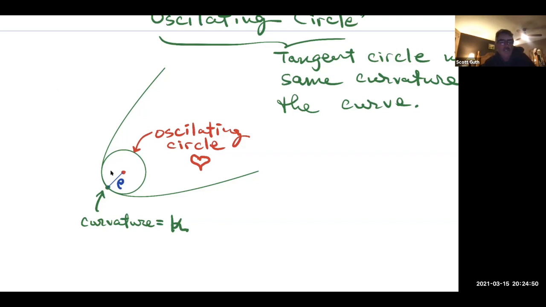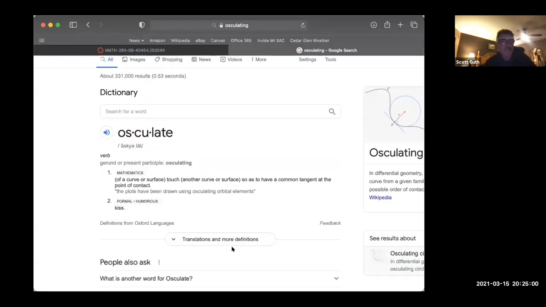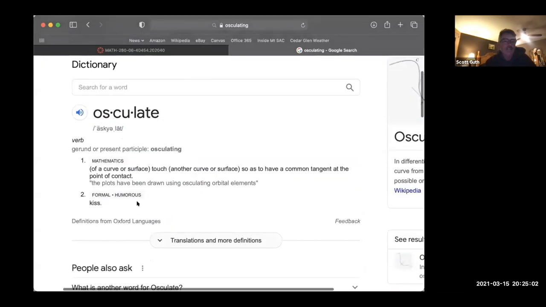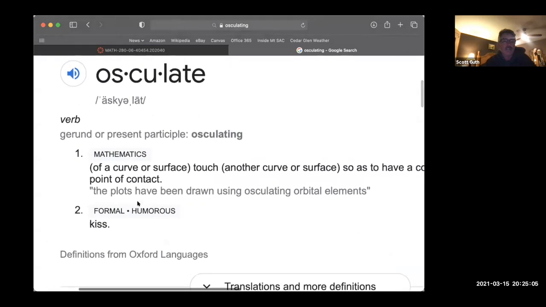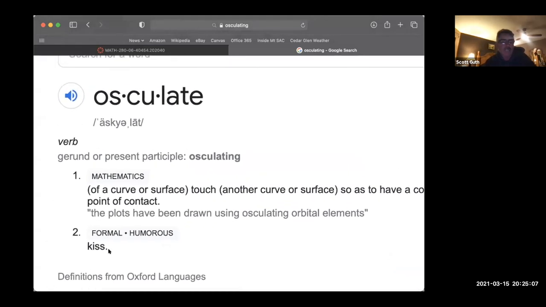There we go. It's a U. Let me share. I'm sorry, I'm ashamed of myself. There's the word right there. Osculate. And look, it's kiss down here.